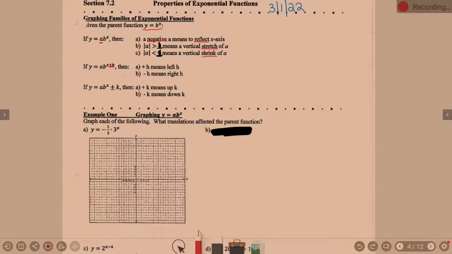When the number is added or subtracted directly to the x, what directions does that take us? That's going to either take us left or right. And what do I usually tag on to that phrase? Left or right and opposite the sign?